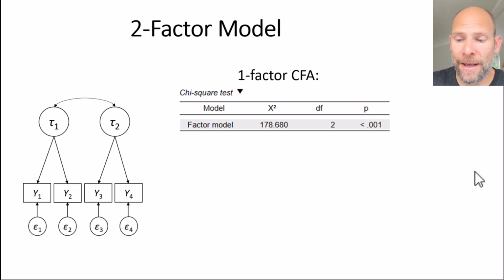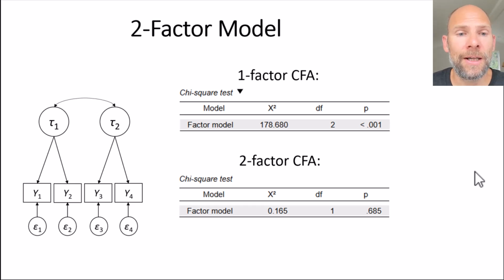And so then when I fit a 2-factor model, the 2-factor model fit these data very well with a chi-square of only 0.165, a p-value of 0.685. So the 2-factor model was not rejected. Now, what happens when we calculate Cronbach's alpha for our two-factor model?